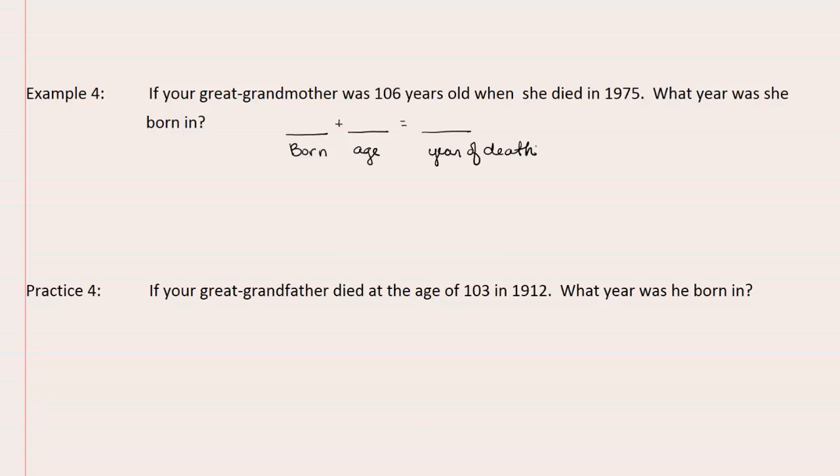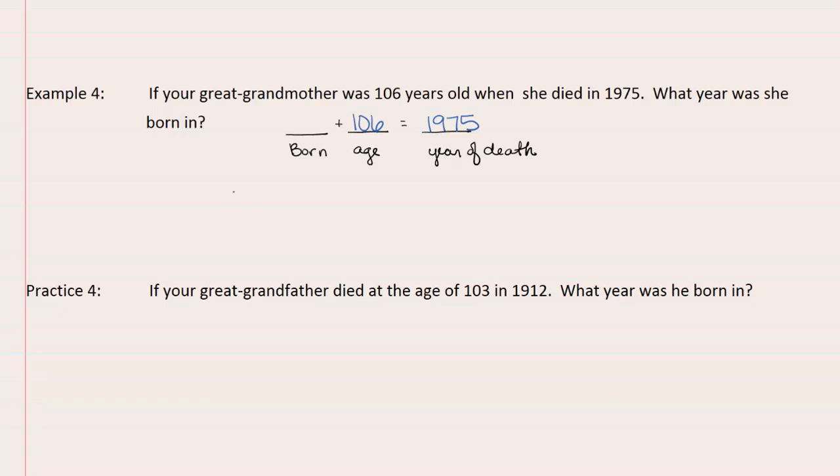Well, we know our age, so we can write that in. And we know when she died, and so she died in 1975. We can write that in. And we need to figure out what year she was born in. So to figure that out, if we take the year you died and subtract your age, we will get the year you were born in.